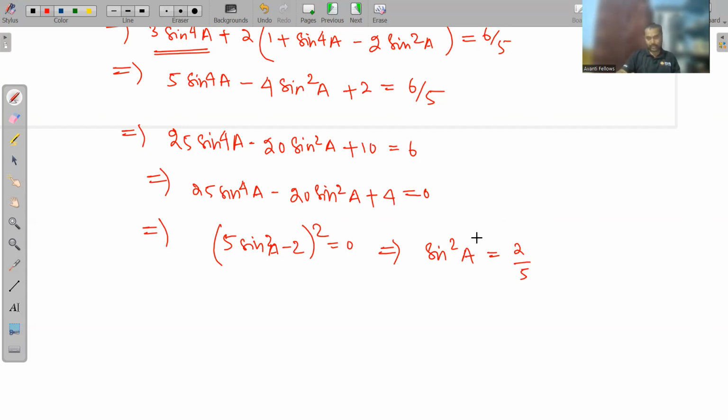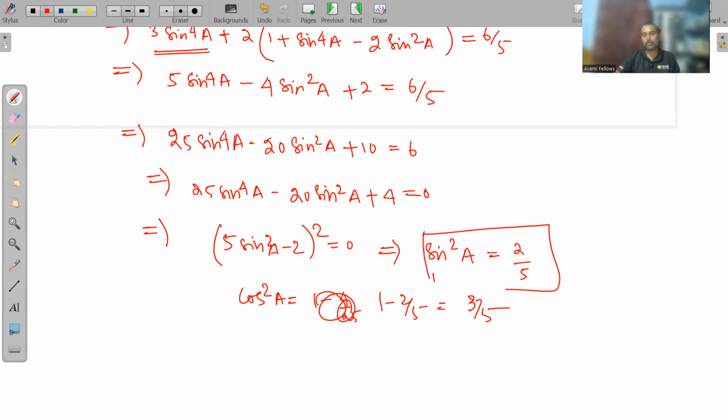If you are getting sin square a as 2 upon 5, then what is your cos square a? So cos square a will be 1 minus 2 upon 5, so that is 3 upon 5. So you got sin square a as 2 upon 5 and cos square a as 3 upon 5.